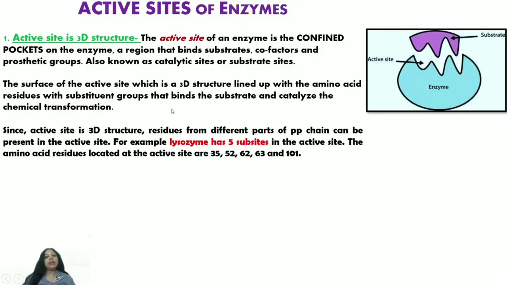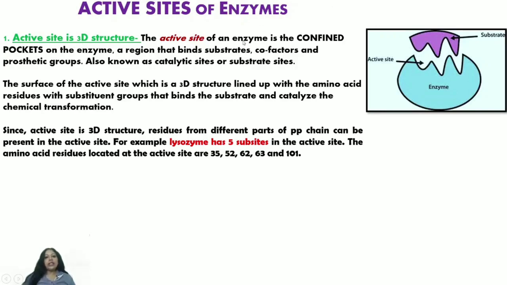Remember, in the protein lecture, I told you that although all proteins consist of the primary structure, the open chain structure, the original native conformation is the three-dimensional structure, which is their functional form, correct? So active site is not a linear structure, it's a three-dimensional structure. Just keep this in your mind.